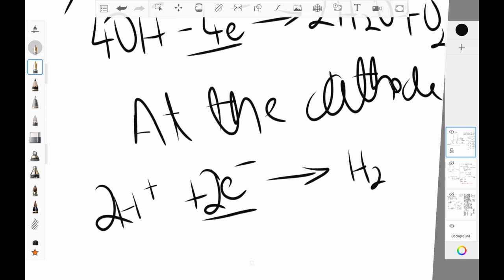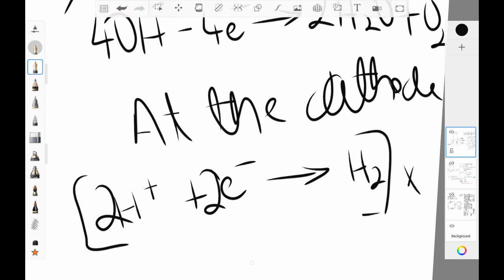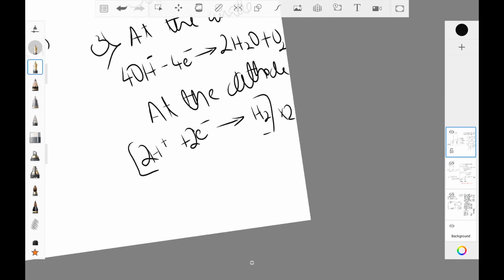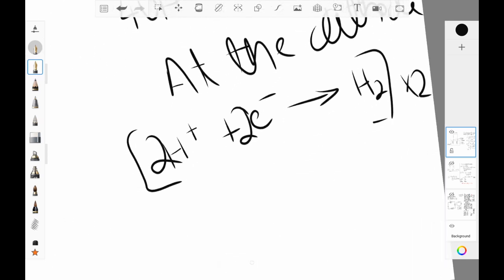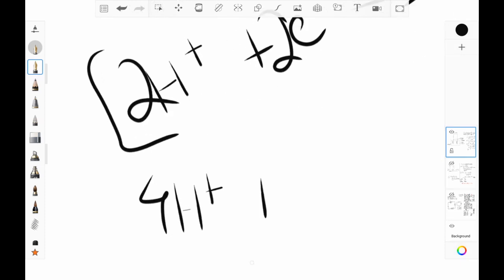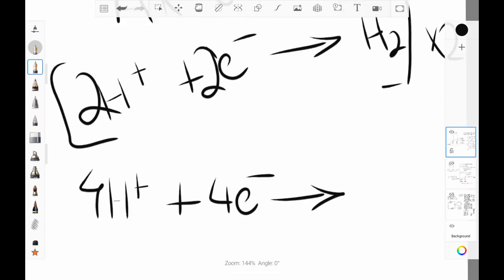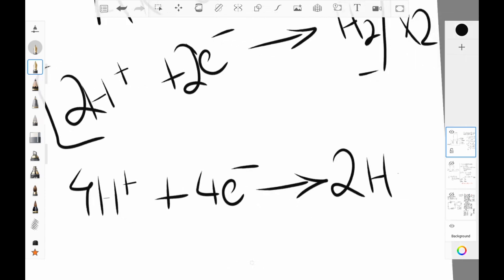This is because the electrons that are lost here are the ones that are gained here. Hence, they must be equal. To do that, you just multiply this entire thing by 2. So the final half cell equation at the cathode is 4H plus, plus 4 electrons, giving you 2 molecules of hydrogen.